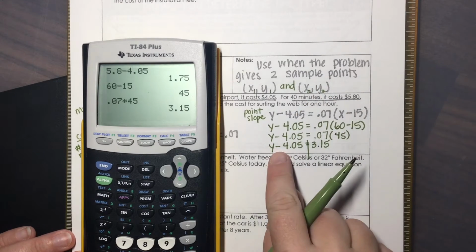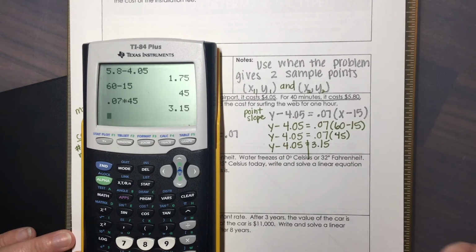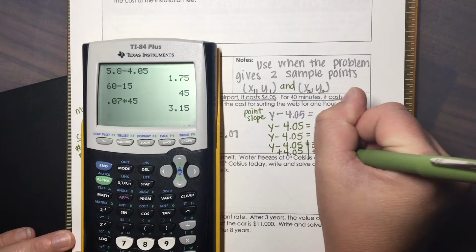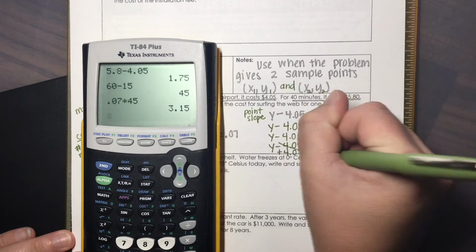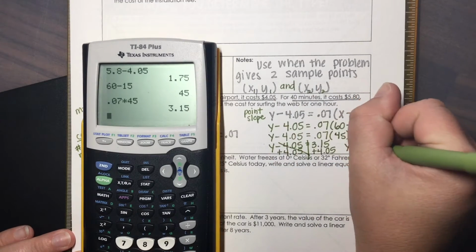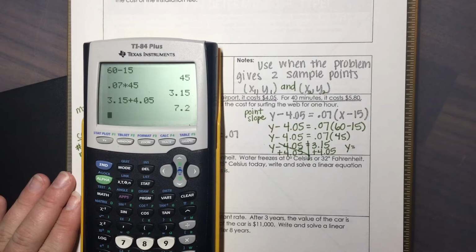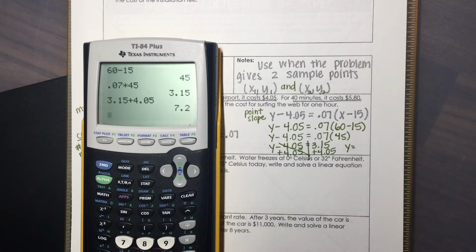We are almost done. Since I have subtracting $4.05, I'm going to do the opposite, which is going to be to add $4.05. Bam, goes away. So Y is going to equal 3.15 plus 4.05, okay, which is going to give me $7.20.